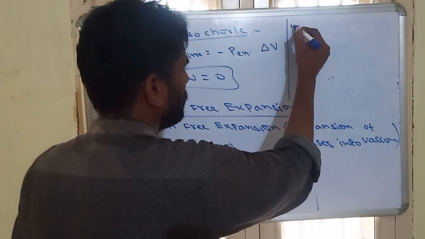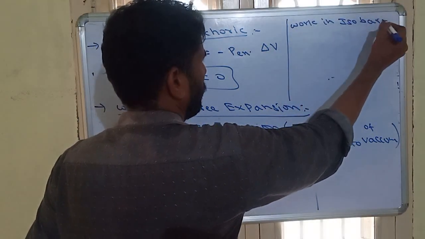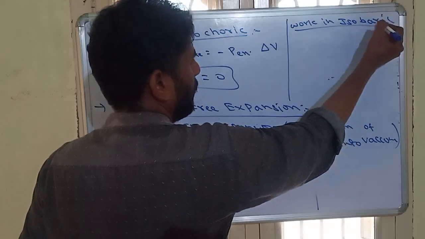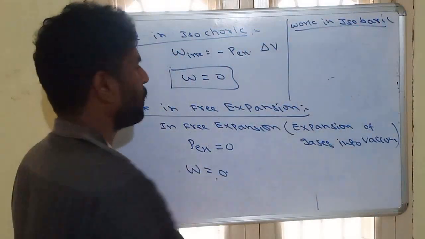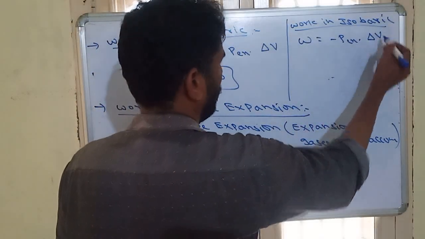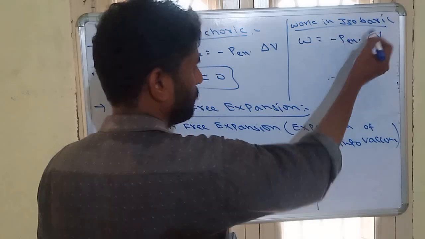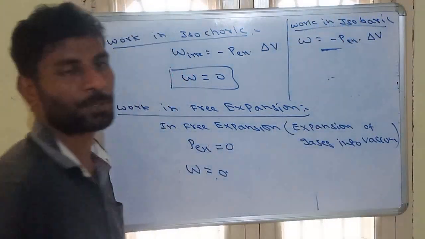Similarly, if the process is isobaric, meaning constant pressure, the same formula is applicable. Work is equal to minus Px into delta V, constant external pressure into delta V. So this is directly applicable for isobaric.